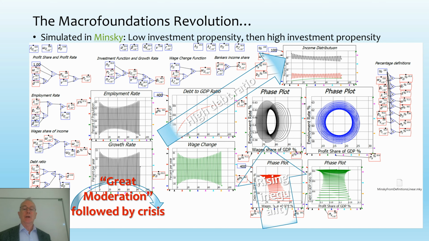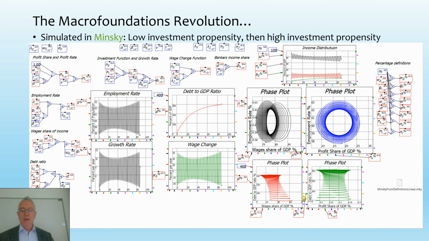And most intriguingly, notice how this changes over time. On these graphs, the horizontal axis is the debt ratio, and the vertical axis is the profit share of GDP, and notice how that basically goes straight up.